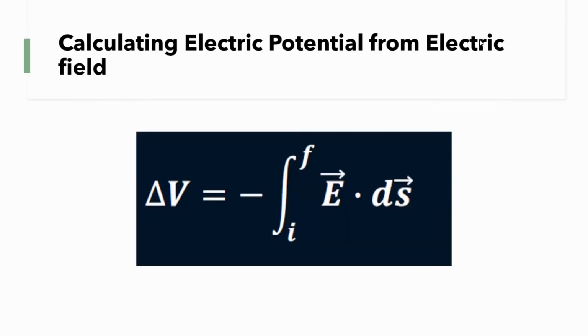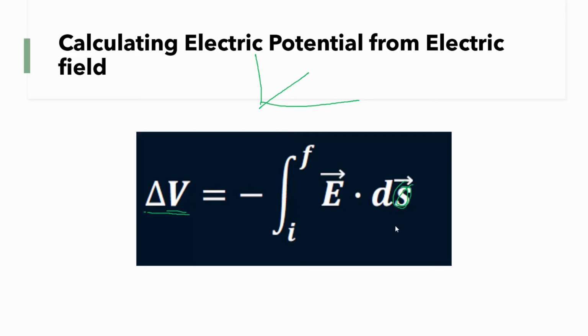Ito naman yung medyo mahirap. Calculating electric potential from electric field. So, right then and there, ang formula niyan is delta V is equal to the negative integral of the dot product of the electric field vector and delta S. Anong sabihin ng S? S is basically a path. Not necessarily X, not necessarily Y, not necessarily Z, just a path.